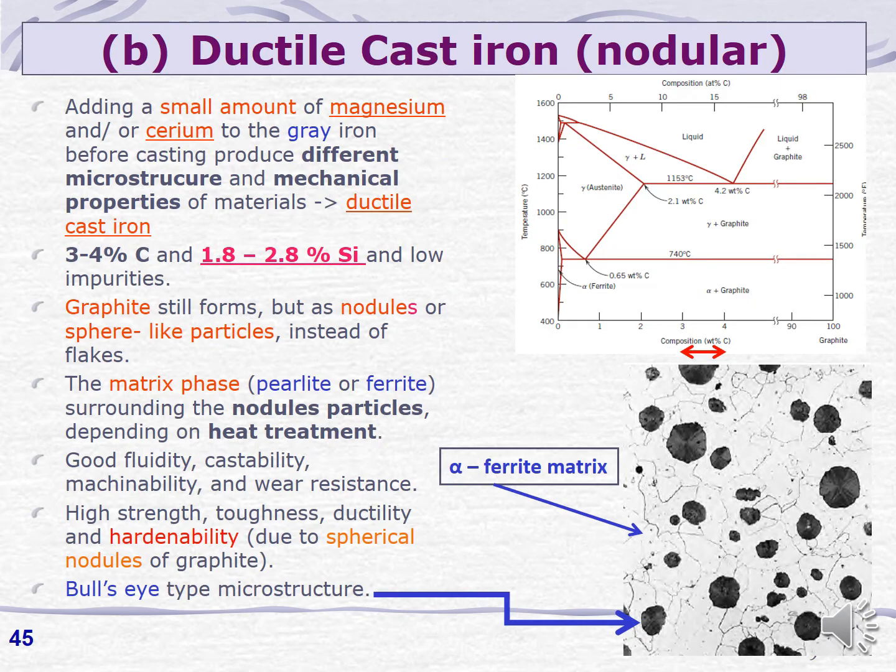Next, we move to the ductile cast iron. We can also call this cast iron nodular cast iron. How is it produced? Ductile cast iron can be produced by adding a small amount of magnesium and cerium to the grey iron before casting.